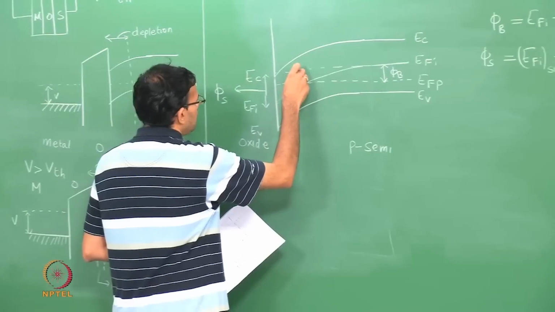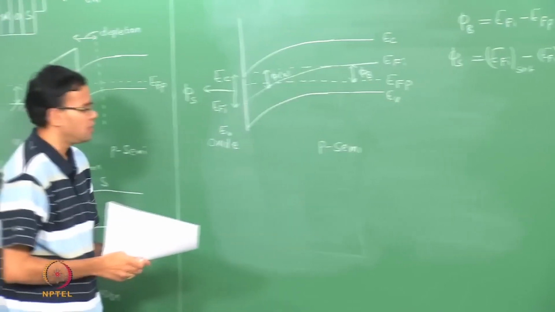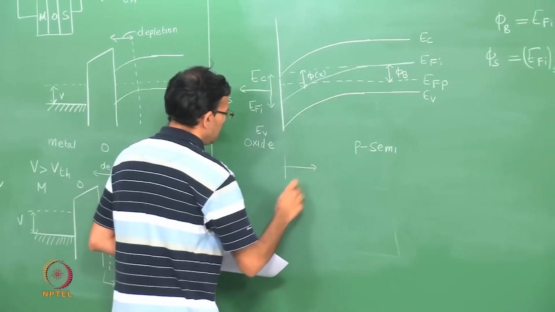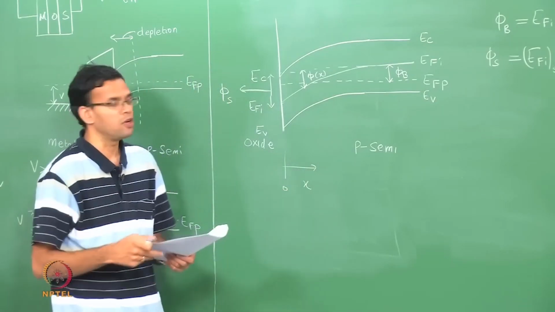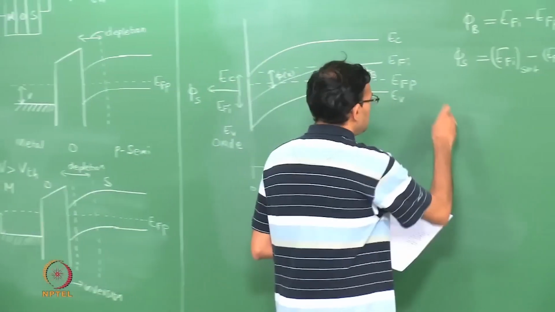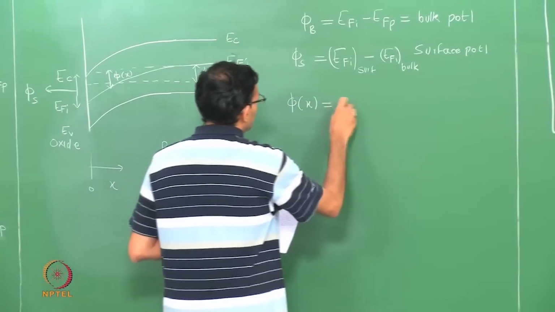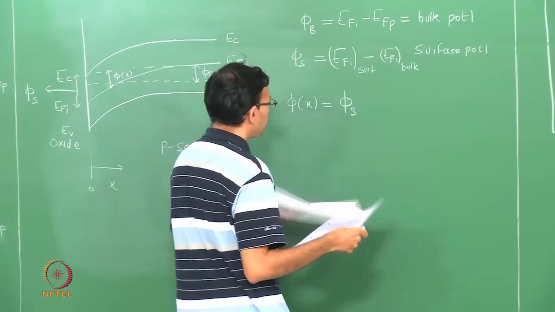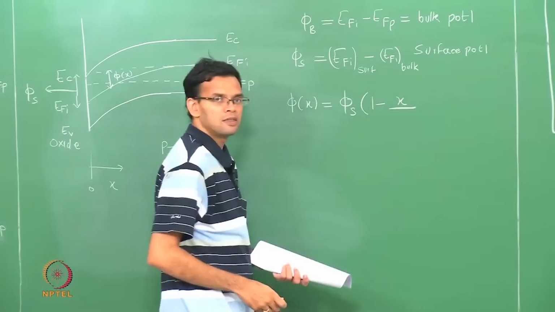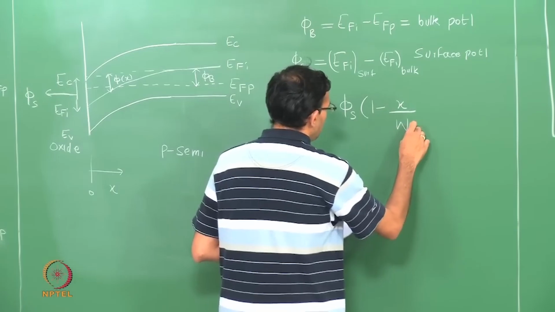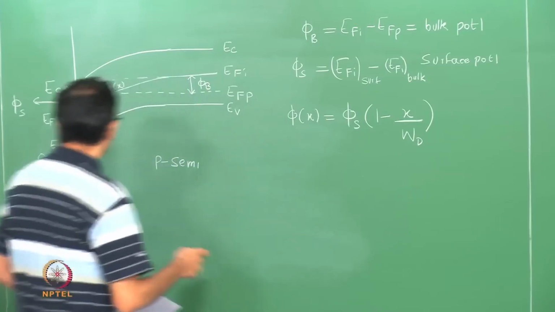We can also define the potential at any distance x from the surface. So in this particular case, the surface is taken as 0 and x is the distance as we go into the material. So phi as a function of x is nothing but psi s minus x over w d, where w d is the width of the depletion region.